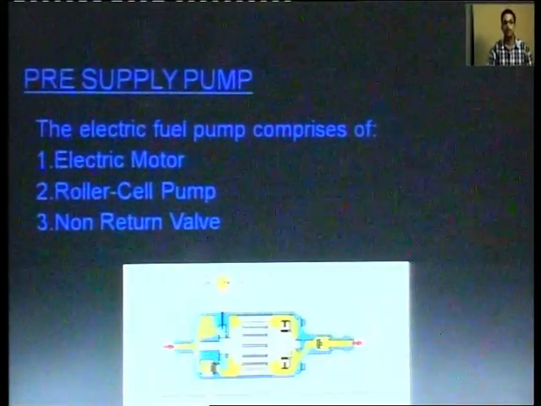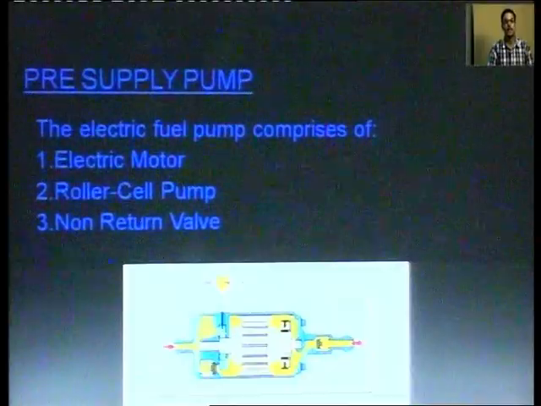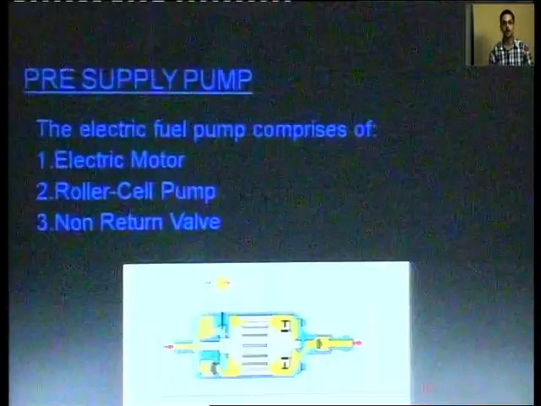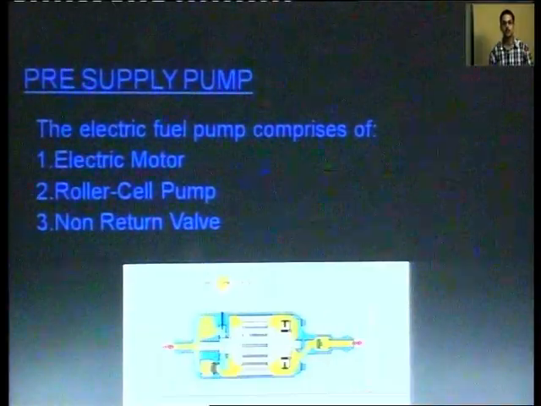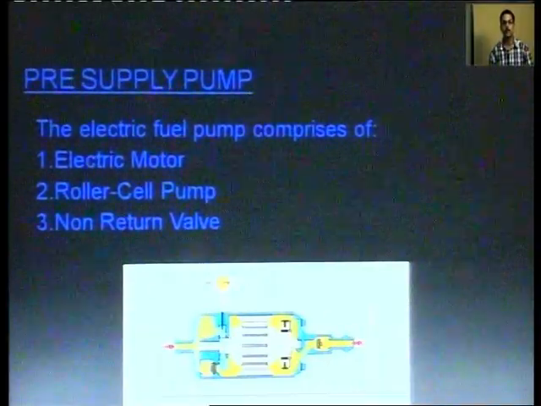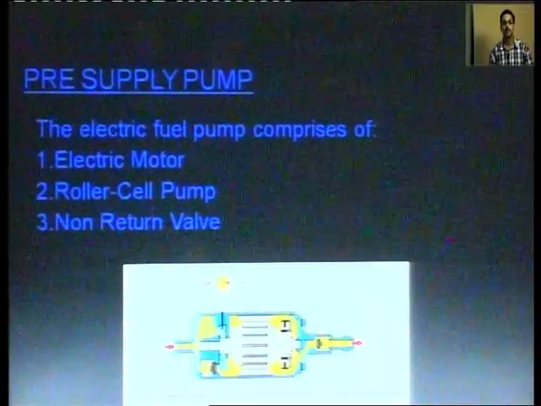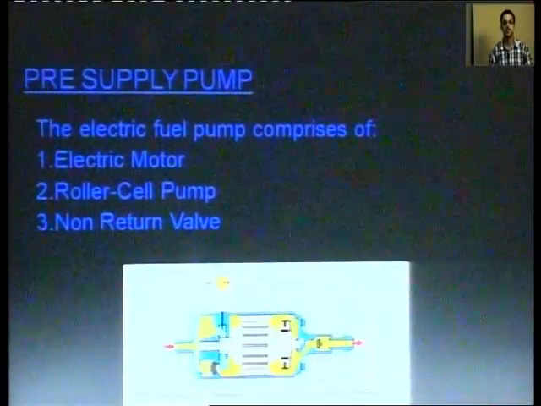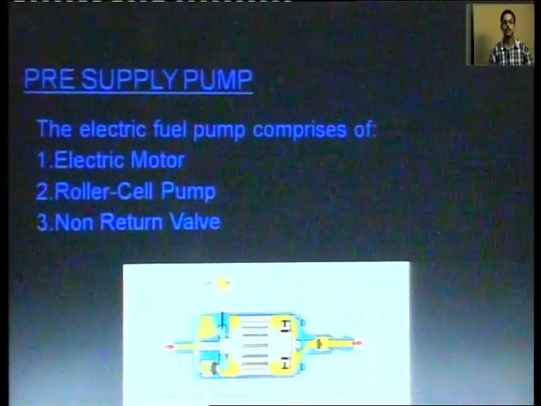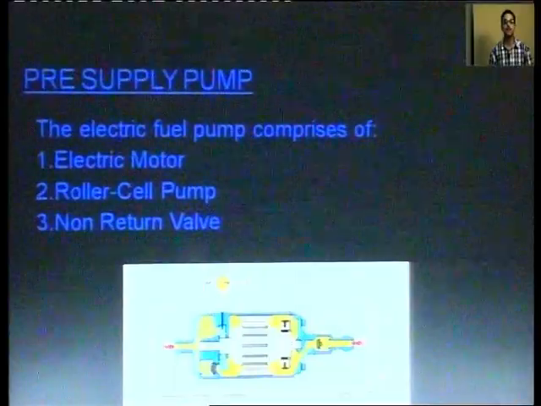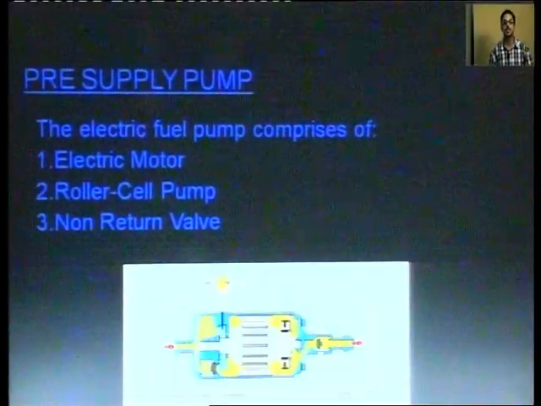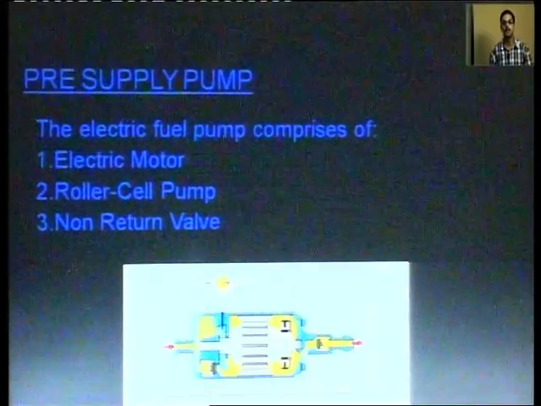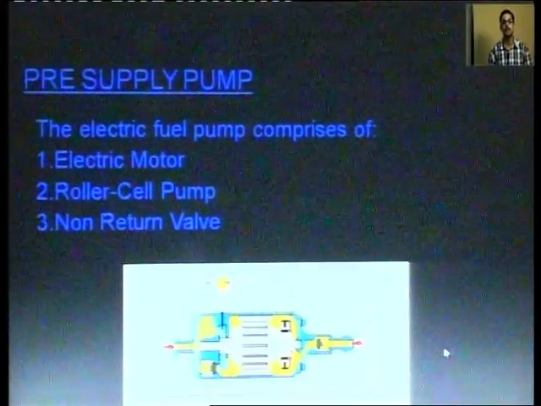The electric fuel pump comprises, number 1, an electric motor. This part is the electrical component. This is the rotor, and these are the magnetic bushes. The fuel is coming from this side and it is pressurized to the outside.